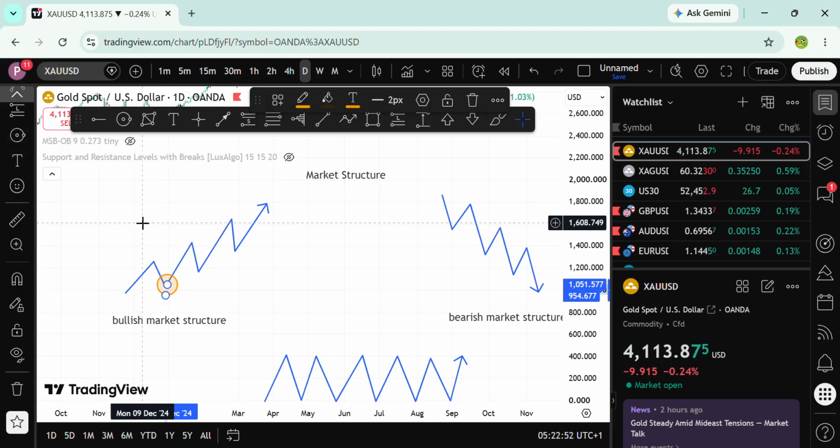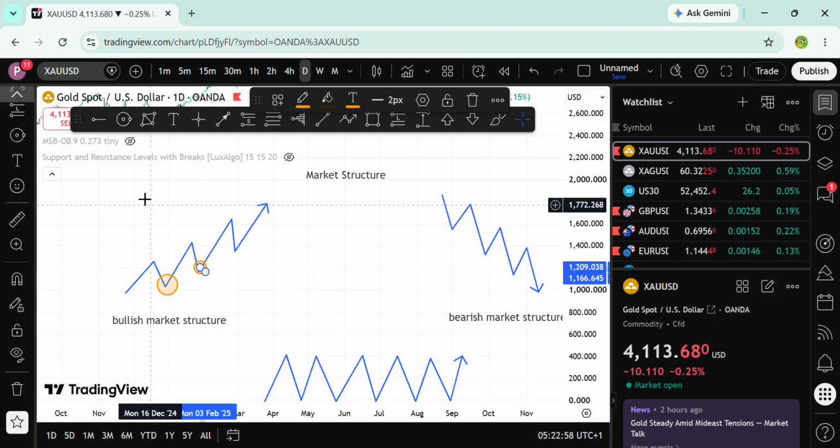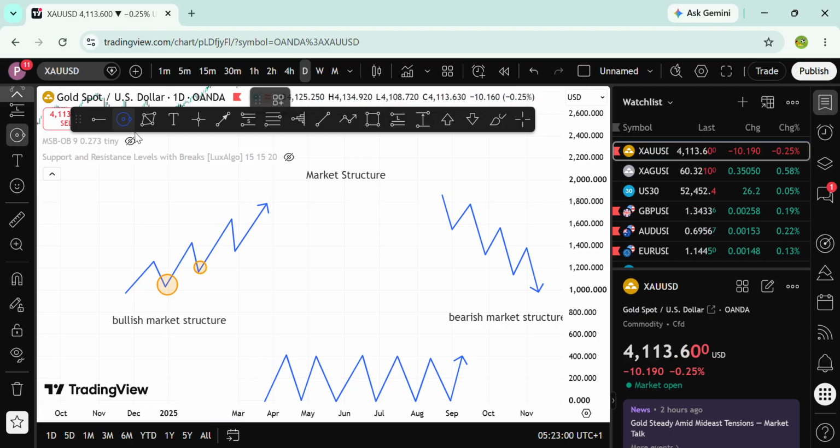These are the lows for the bullish example. So don't mind my drawing. You can see the bullish example and the bearish example. These are the highs.